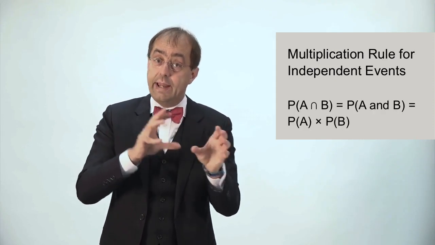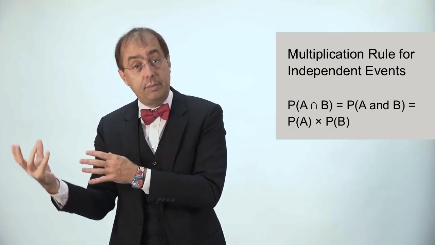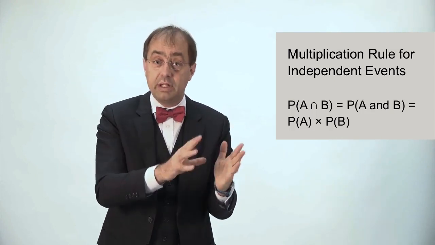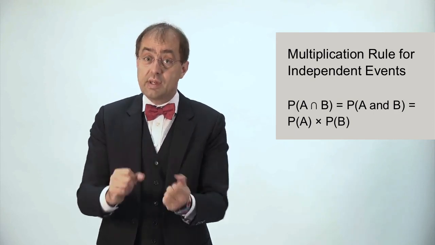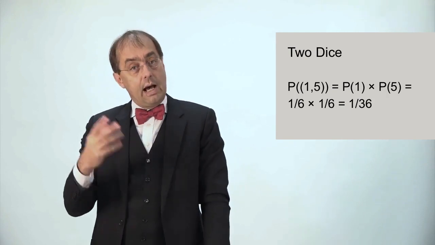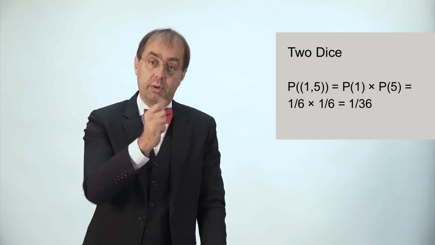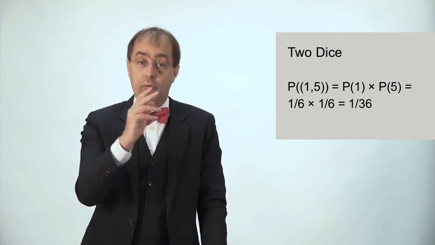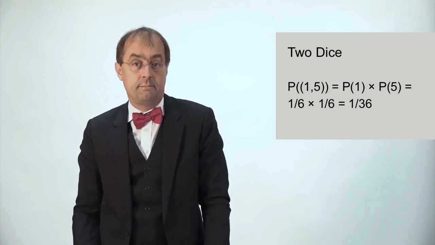Because now, if A and B are independent, the probability of A and B, A intersected with B, is just the probability of A times the probability of B. And now I can use this with my 2 dice and ask what's the probability of first a 1 and then a 5. Oh, probability of a 1, 1 in 6. Probability of a 5, 1 in 6. 1/6 times 1/6 is 1/36.